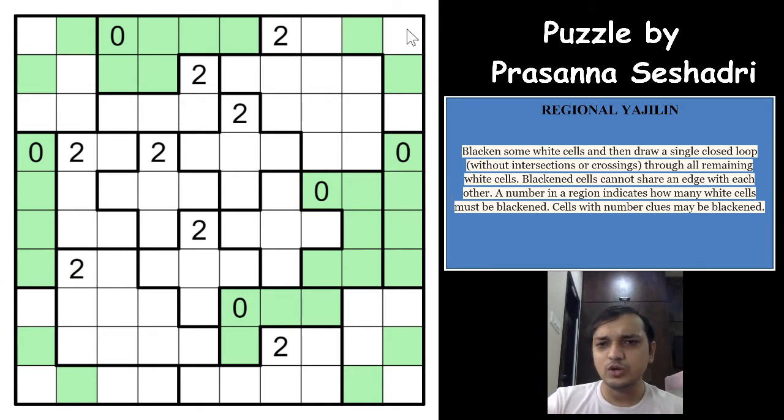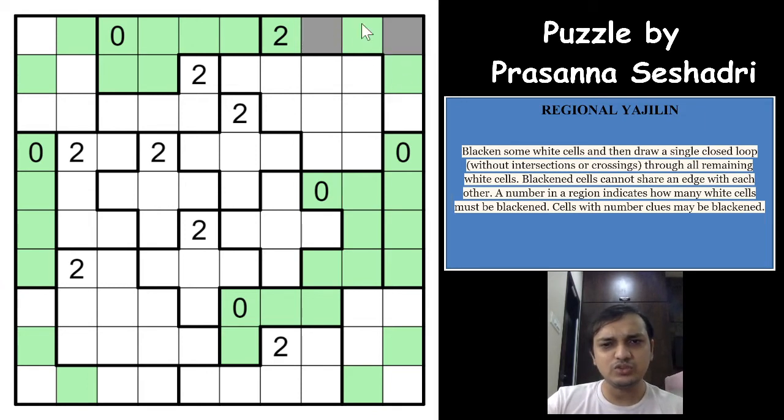So seeing these, we need to have two shaded cells in this region, right? What happens if I unshade this cell? If I unshade this cell, I need to shade two cells from these three cells. Whatever way you shade these two cells, you will have a contradiction in the region. If I shade these two cells, you will have a cell that is stranded here.